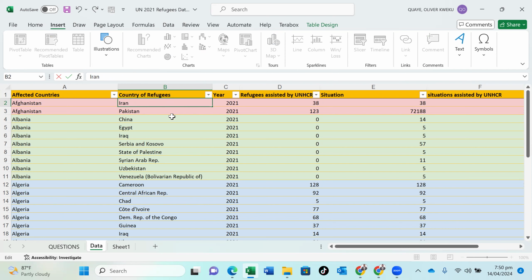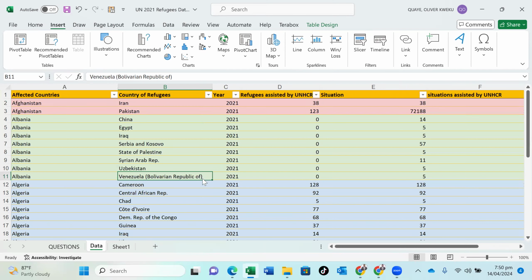So make your data as clean, as clear, as concise as you can, right? So Iran is a country. So the Islamic whatever is not necessary. I will tell you to just clear it, right? So Venezuela, we know this is a country, right? So whatever Republic of, it's not a problem, but as an expert, you should be able to just clear it, right?